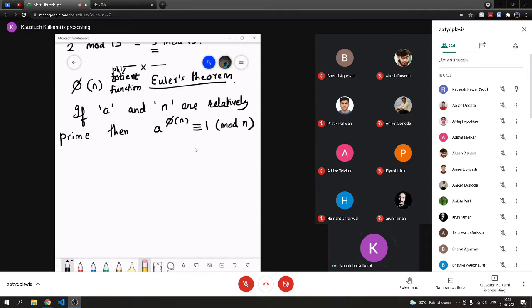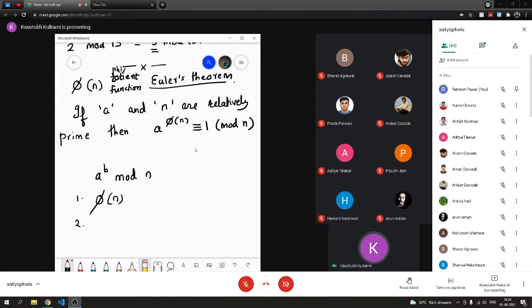Now we'll try to solve some examples using Euler's theorem. Again, we'll follow the same steps. If you want to compute a raised to b mod n, first you find phi of n.